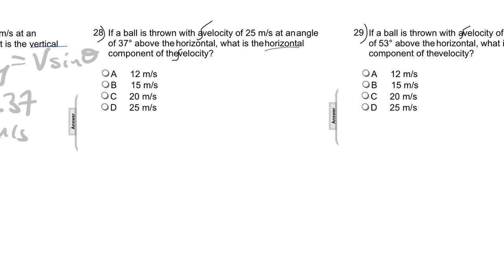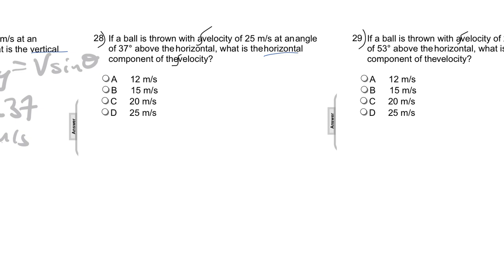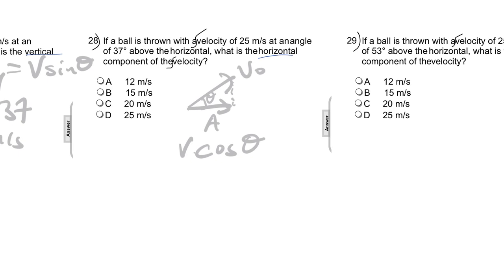If a ball is thrown with a velocity of 25 meters per second at an angle, what is the horizontal component? Horizontal component is the adjacent side, so that'd be V cosine of theta. It stays the same throughout, so that doesn't matter.